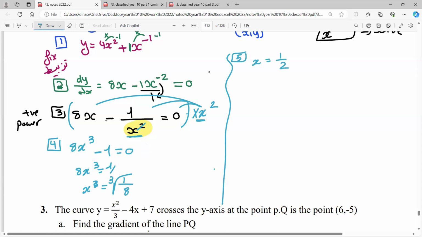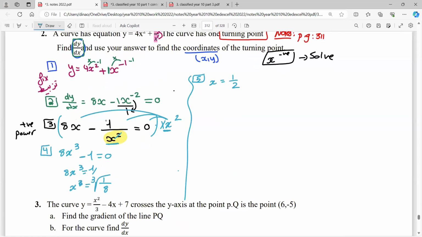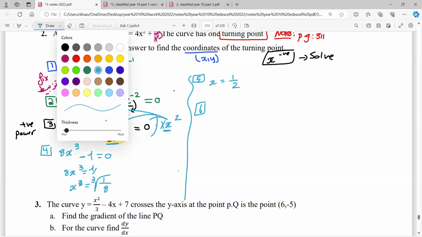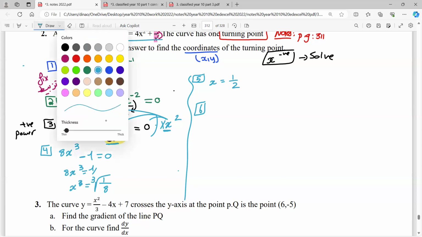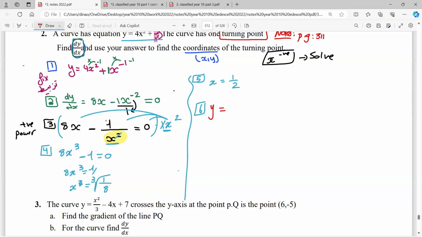Okay? And after that, since the question says find the coordinates of the turning point, what I will do next is substitute my x in the original equation. So y equals 4 times half squared plus 1 over half.